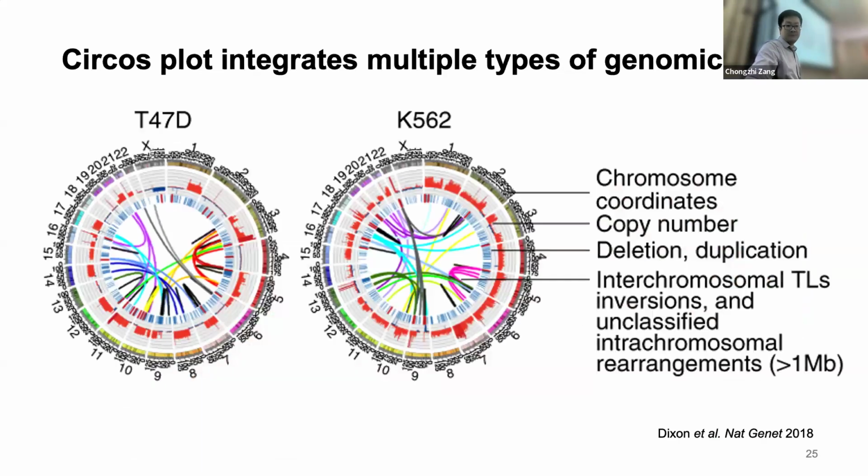All right, I'll briefly mention the Circos plot. This type of plot can integrate multiple types of genomic data together, and can be generated using some software. But unless we really have many different types of data and compare different samples across all different chromosomes, this type of data representation usually contains too much information for the readers to understand.